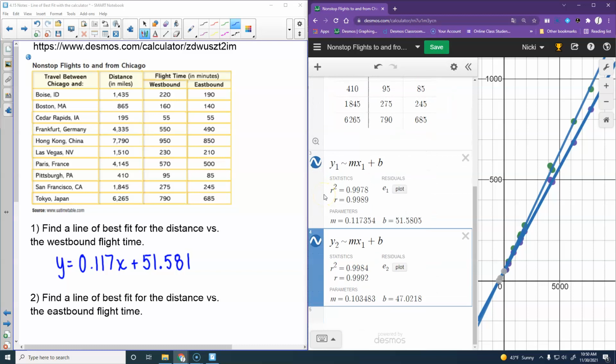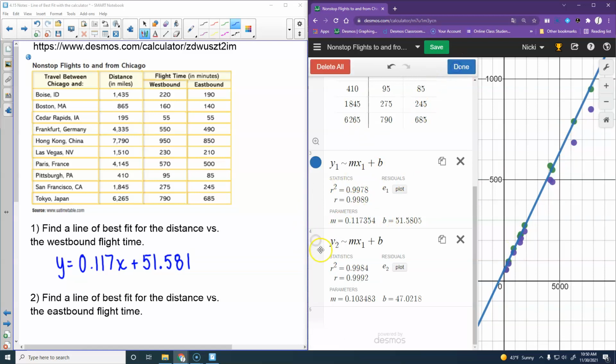All right. So, questions? And you can see whenever I type that in, the line that this graphs, let me change its color actually. I'll make it purple to match the points. So, you can see that it goes through our purple points here.